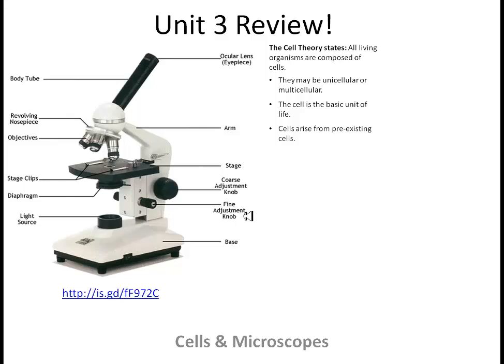Cell theory. Historically, all living organisms are composed of cells. They can be either multicellular or unicellular, one cell or multiple cells. The cell can be the basic unit of all life. If you're a unicellular creature, that one cell does everything you need to survive. We did a dog racer earlier, which I think you can see in my Unit 1 review.